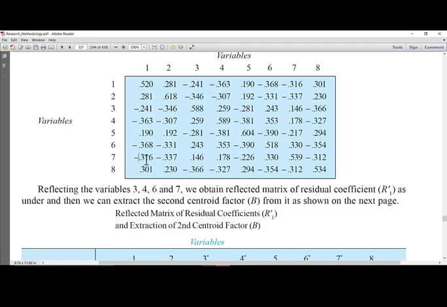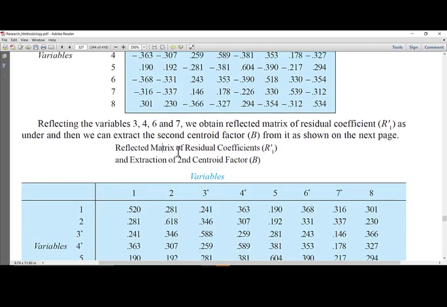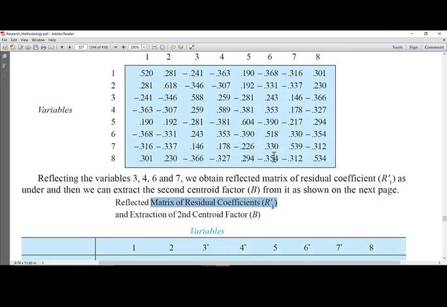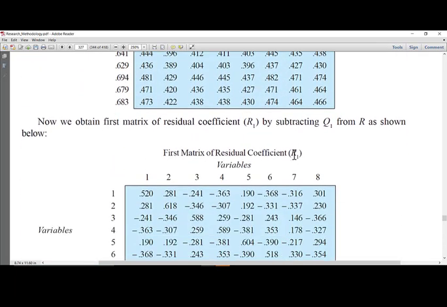Then we have to go for reflections. Reflections means in the next matrix we ignore these and we consider all the signs as plus signs only. That is called reflected matrix. And now the reflected matrix of residual coefficients is denoted as R1 dash, because this residual matrix is R1.